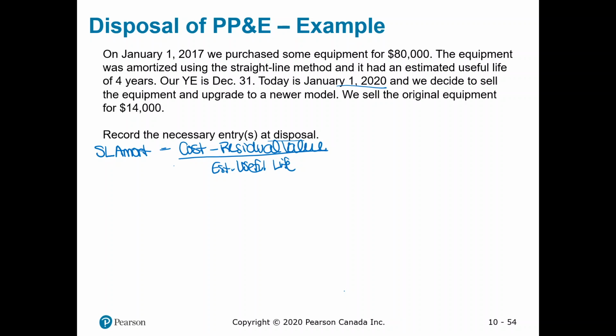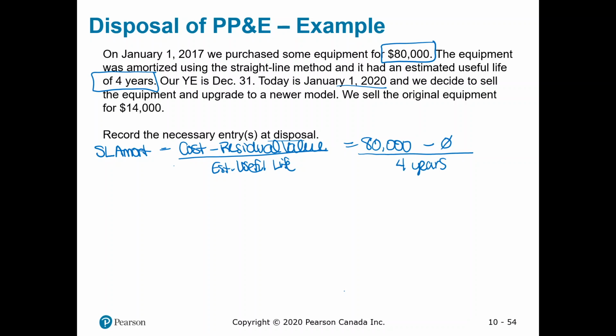So for example here, the cost is $80,000. We see that above. It doesn't say anything about a residual, so if you're not told one, you just assume it's 0. So 80 minus 0, and our estimated useful life is noted there as 4 years.